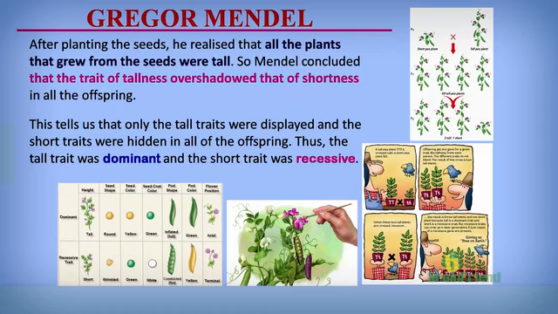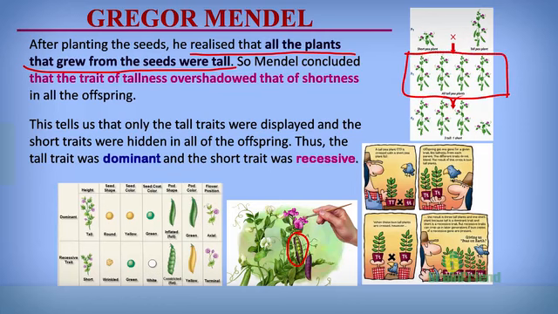After planting the seeds, he realized that the peas that grew from those seeds, remember we said he took these seeds from this pollinated flower, he planted them in a particular area of his garden, and he waited for those seeds to grow into new offspring, which are new pea plants. When they all grew, he realized that the pea plants that grew from those seeds were all tall.